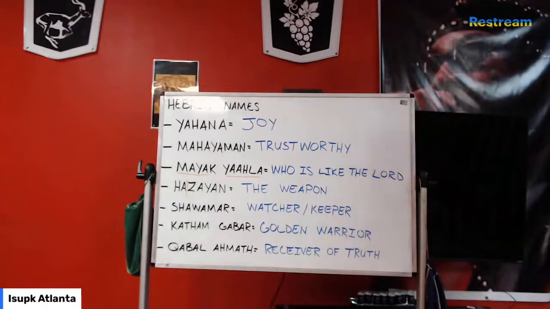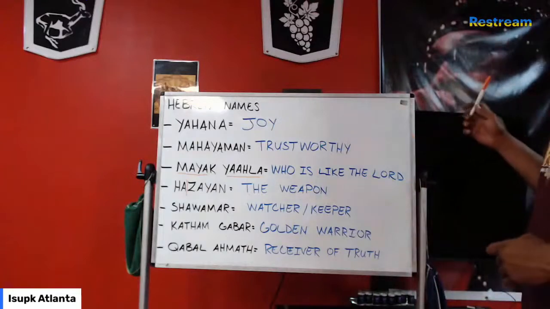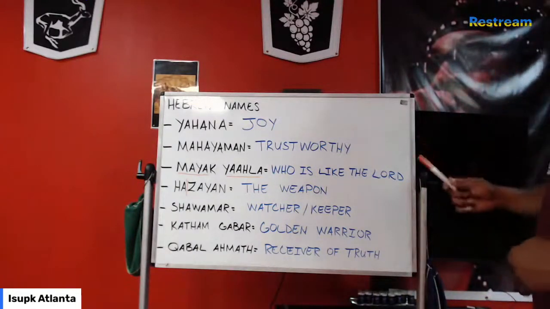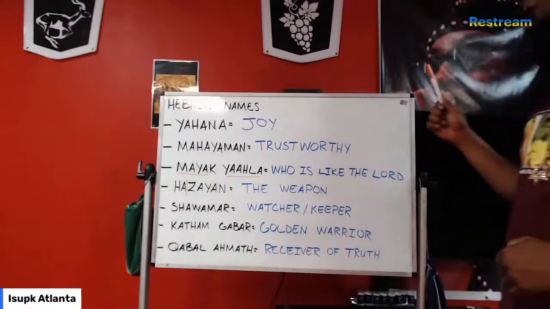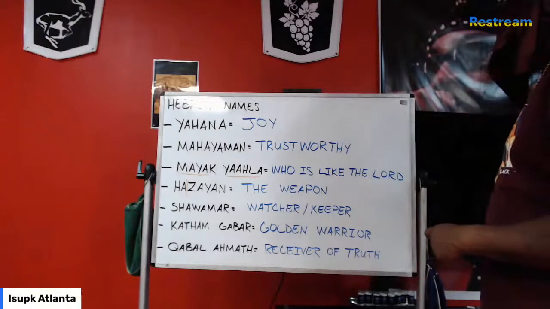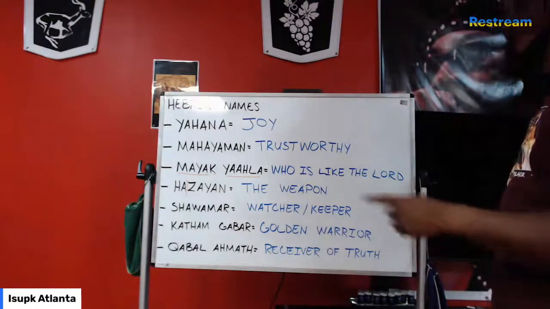Right? Then we have Katham Gabar. We just learned earlier, we went over the name Gabriel, correct? And we spelled it out. What did we say Gabriel was in Hebrew? Gabar Allah. That's right. Excellent.